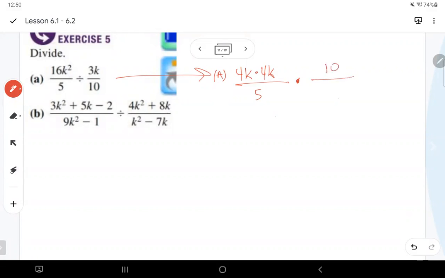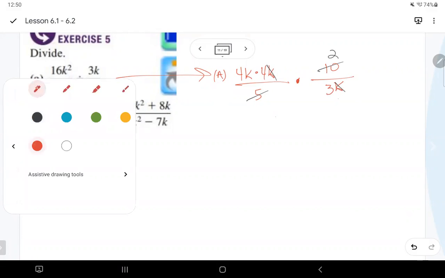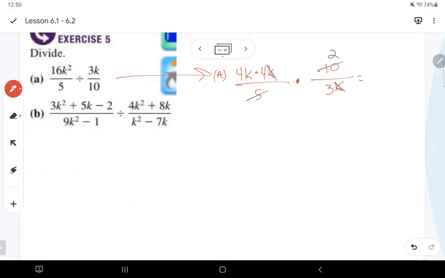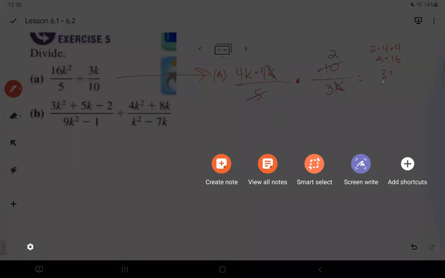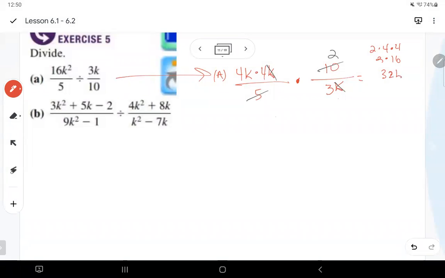So 10 is going to be on top now, and 3k is going to be on the bottom. 5 goes into 10 twice. 1k gets canceled. 2 times 4 times 4 is 2 times 16, which is 32k over 3.